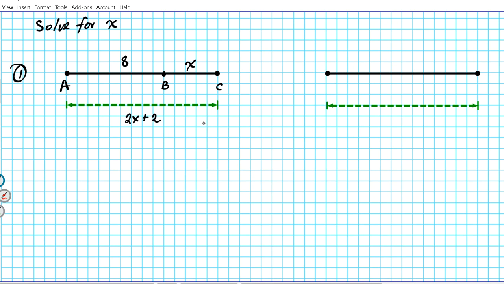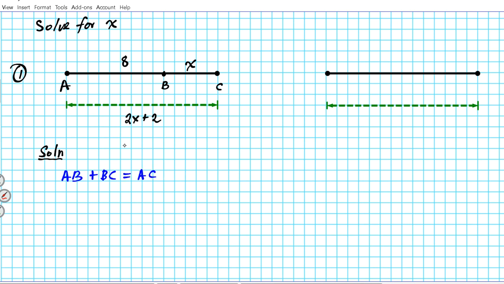We're going to be using our segment addition postulate and our algebra skills to solve this problem. So first of all, we're going to write down the formula applied to this scenario. The formula is AB plus BC is equal to AC.